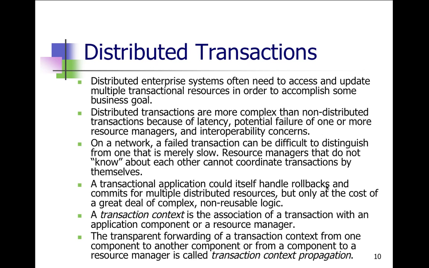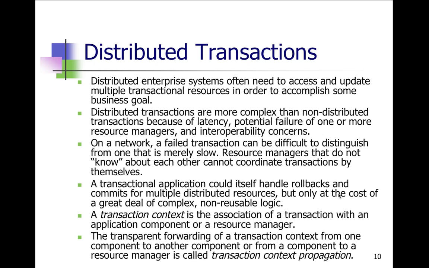If a persistent tier is communicating with a Java Bean enterprise server that is communicating with a web server that's communicating with an application server, well, you've got distributed transactions among all of the different components that are involved. So by definition, distributed enterprise systems often need to access and update multiple transactional resources in order to accomplish some business goal among the business tiering.